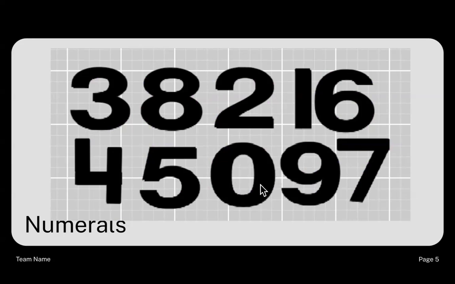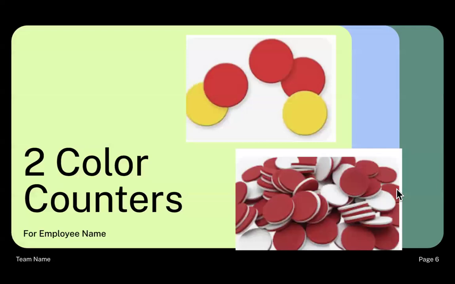So these are the numbers. When I looked at the textbook, this seemed to be the way that most of the numbers are, so I made those. And to help them write the numbers, the child can actually put their fingers on it. It feels like foam, and it may be helpful for them to see it.